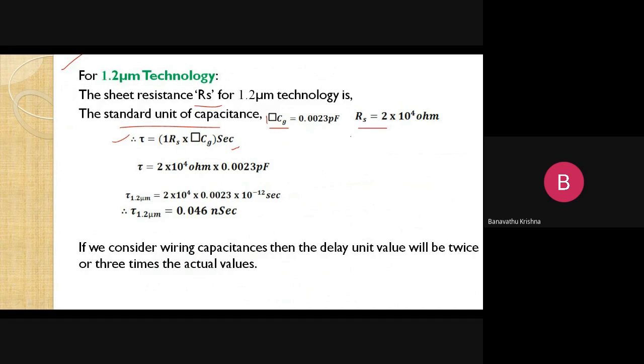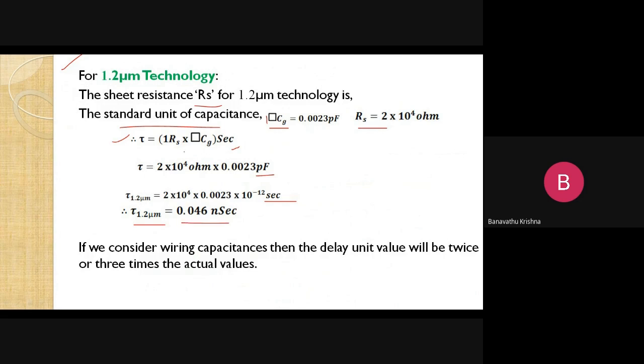Substituting the Rs and Cg values, tau at 1.2 micrometer technology is 2 into 10 to the power of 4 into 0.0023 into 10 to the power of minus 12 seconds. Finally, the time delay unit for 1.2 micrometer technology is 0.046 nanoseconds.